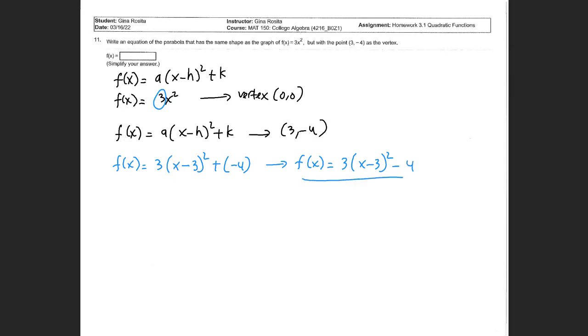Number 12 now. Write an equation in standard form of the parabola that has the same shape as the graph of f of x equals 9x squared or g of x equals negative 9x squared, but with the given maximum or minimum.